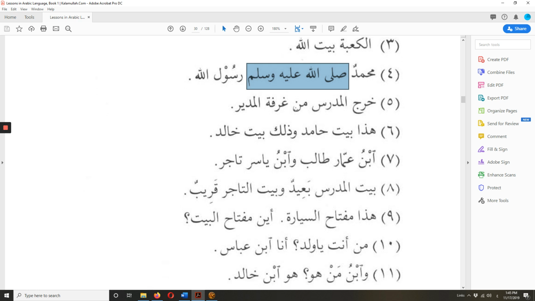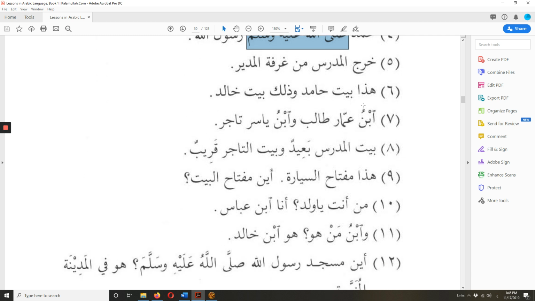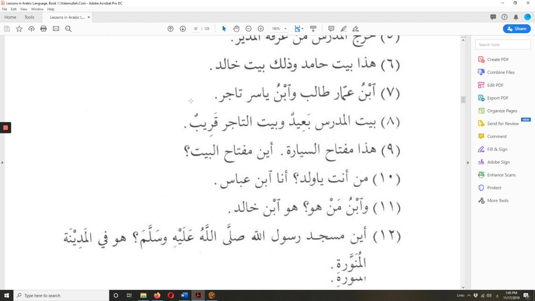خرج المدرس من غرفة المدير. هذا بيت حمد وذلك البيت الخالد. You can see when you actually learn these rules, it becomes like a subconscious thing to apply.